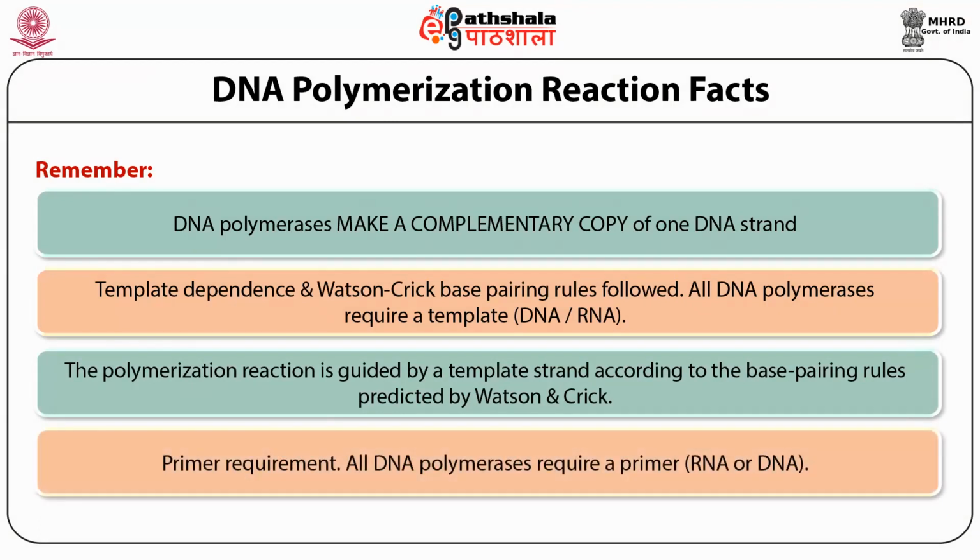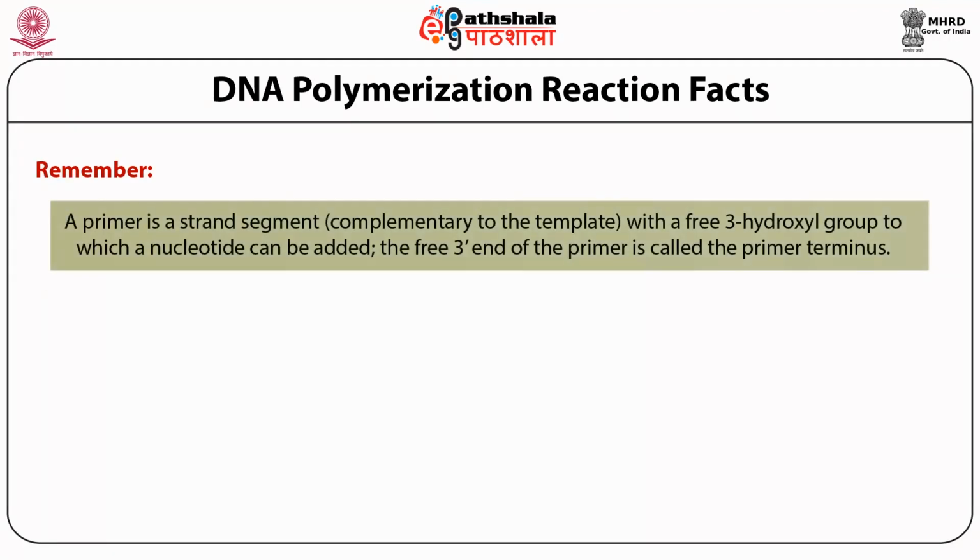Primer requirement. All DNA polymerases require a primer, whether it is RNA or DNA. And a primer is a strand segment complementary to the template with a free available 3' hydroxyl group to which a nucleotide can be added. The free 3' end of the primer is called the primer terminus.